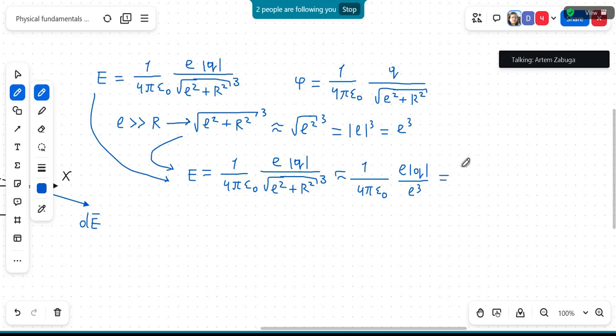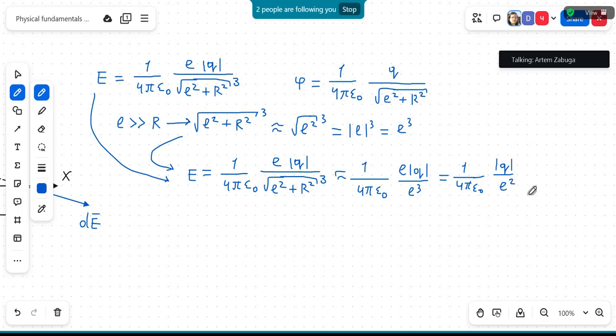And this will be equal to 1 divided by 4 pi epsilon 0, the absolute value of Q divided by L to the power of 2.